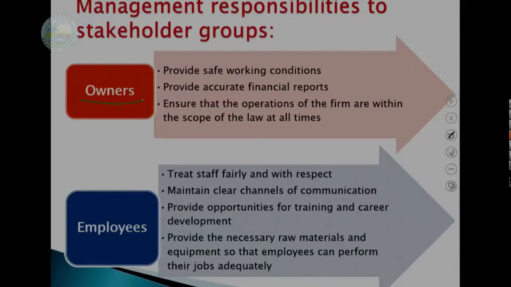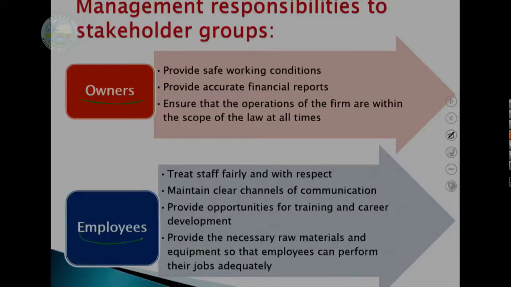Okay. Number two, we have employees. Management's responsibilities to the employees are, one, to treat them fairly and with respect, and also give them a proper wage, identify what their roles and functions are, what their daily tasks and duties are, which we spoke about earlier.